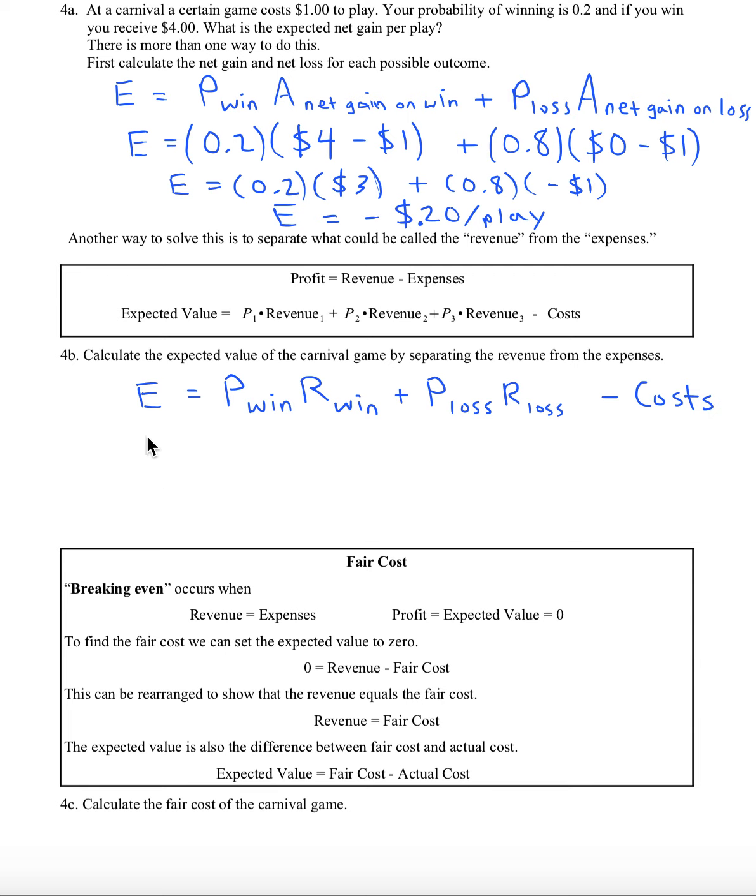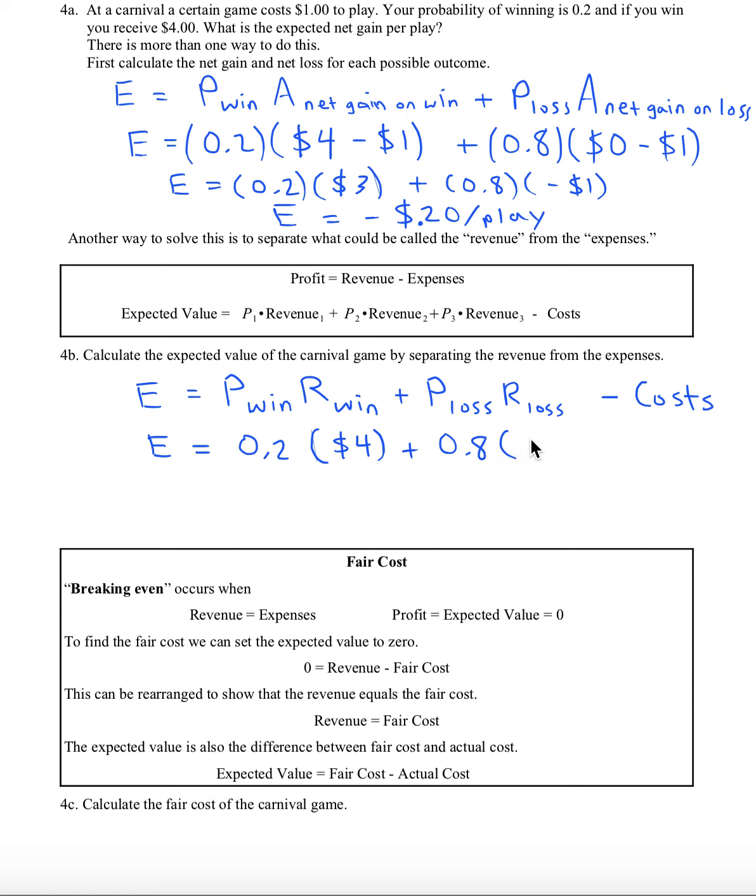All right, so let's see how it's just a little bit different setup, but it actually gives us the same result. So the probability of a win is 0.2. The revenue is the money that you get from the carnival operator, $4. That's the payout on a win.